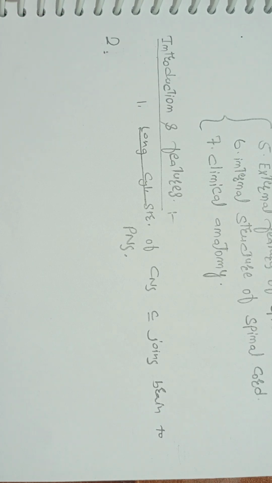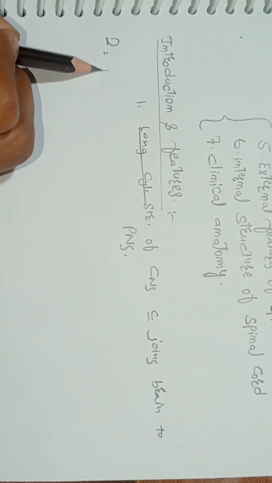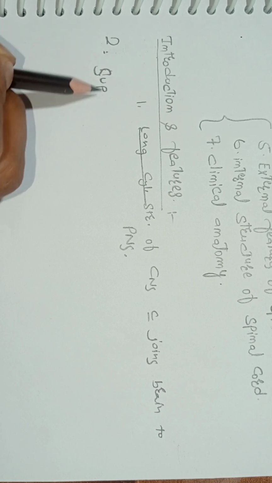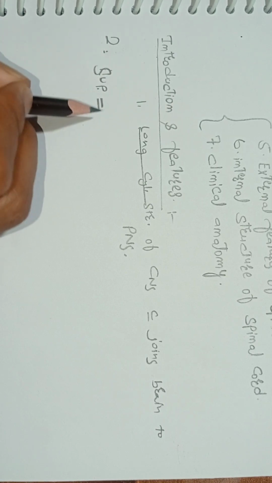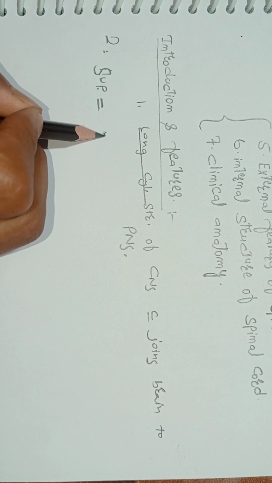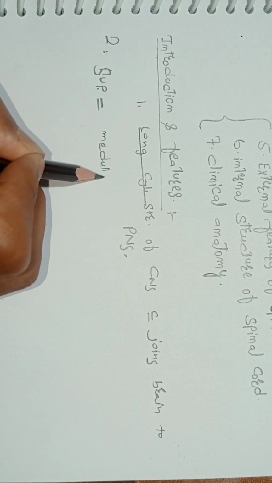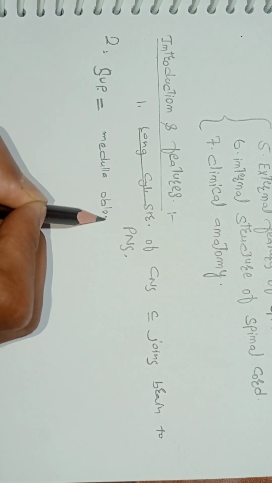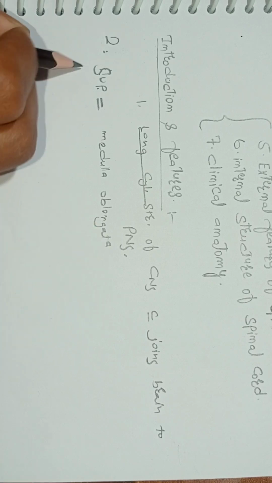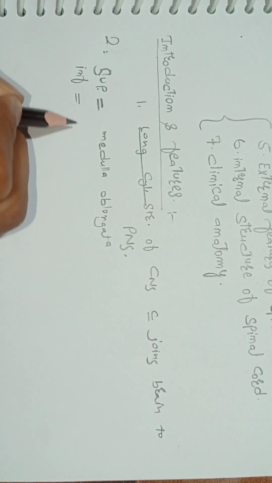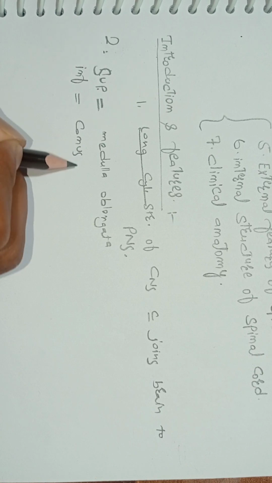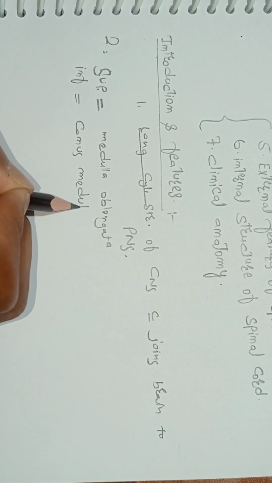Number second point, in the spinal cord, superiorly it is continuous as medulla oblongata, clearly, and inferiorly it terminates as conus medullaris.